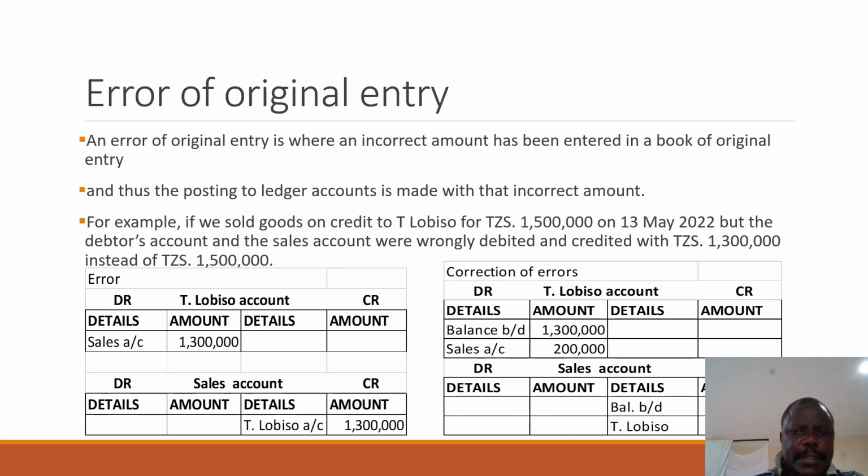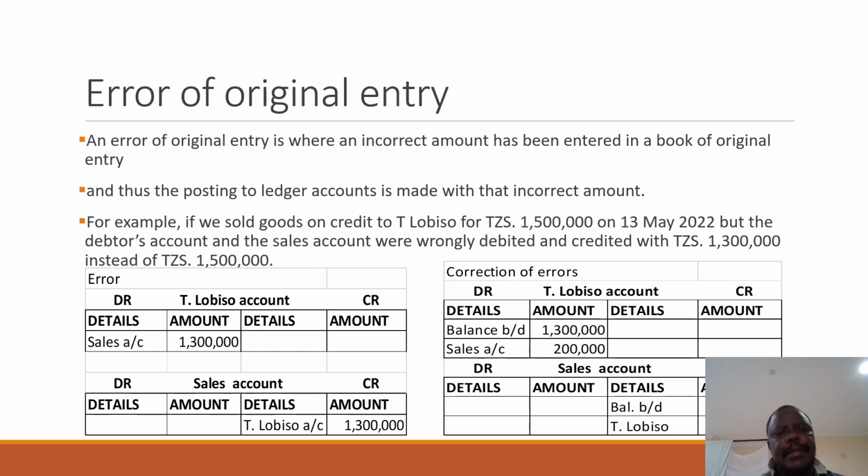Again, error of original entry. This error occurs where an incorrect amount has been entered in the books of original entry. So from the beginning, you capture an amount incorrectly. For instance, we sold goods on credit to Tilobiso for 1,500,000, but the debtor's account and the sales account were wrongly entered with 1,300,000 instead of 1,500,000.